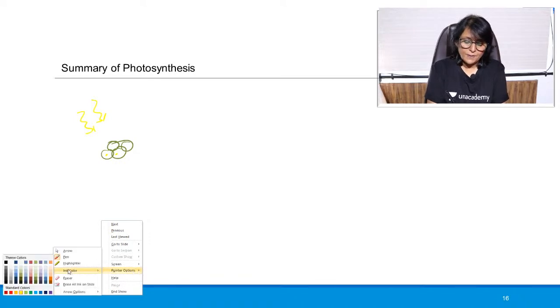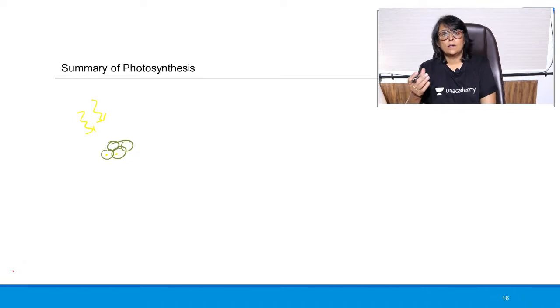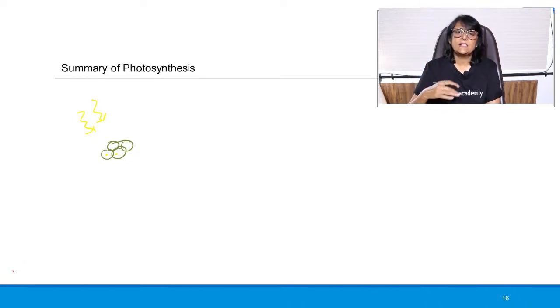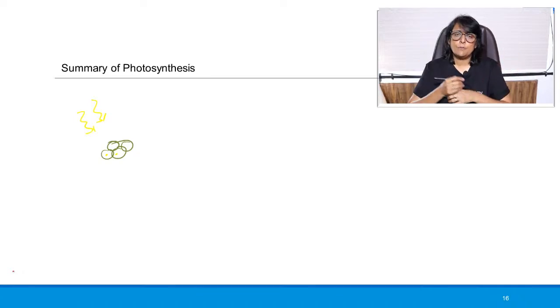Now what happens when the energy exceeds a limit? Chlorophyll molecule is made up of many atoms. We will draw the structure of chlorophyll also. Now suppose there is more and more energy which is given to these atoms. What will happen?